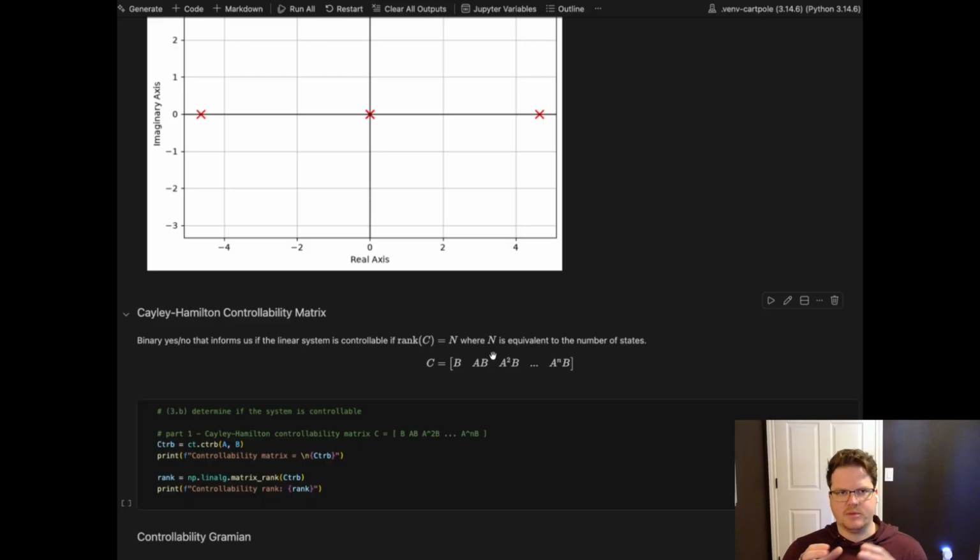So N is our number of states, and C here is this concatenated matrix where you have the input matrix, and then you have the state transition multiplied by the input matrix, and then powers of A, right after that, concatenated together. So you have this short and fat matrix.